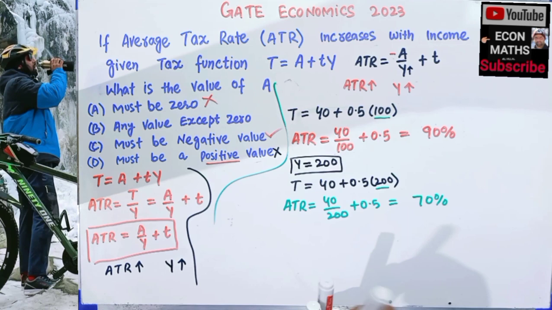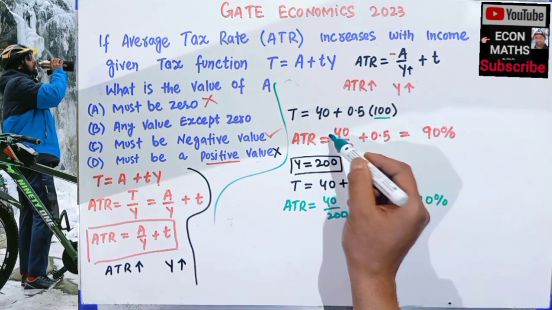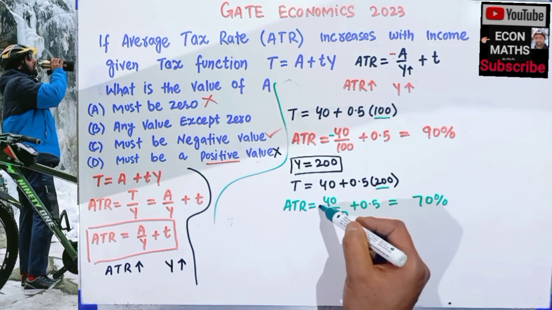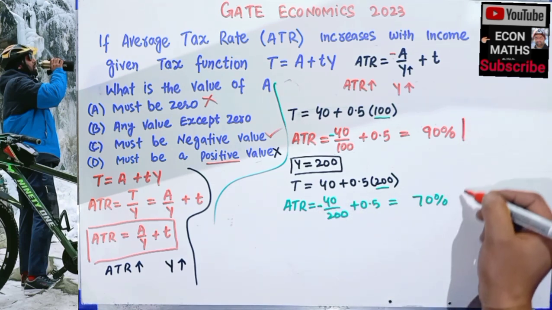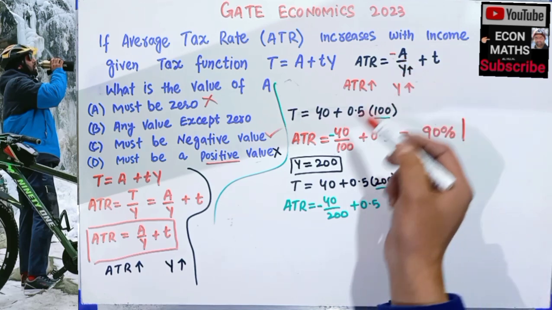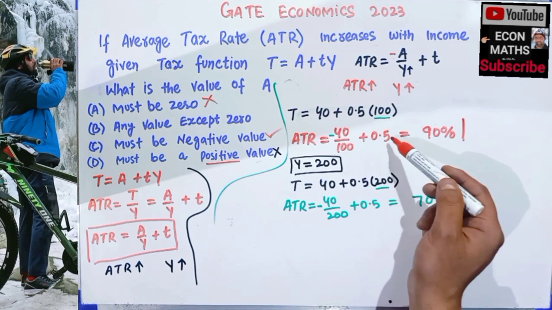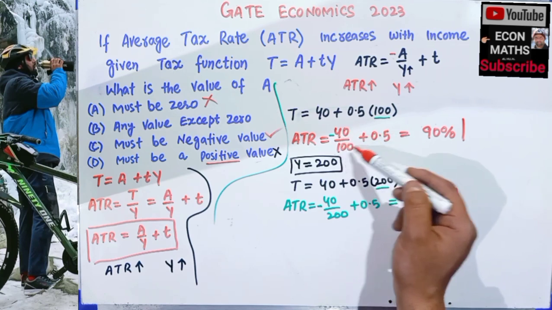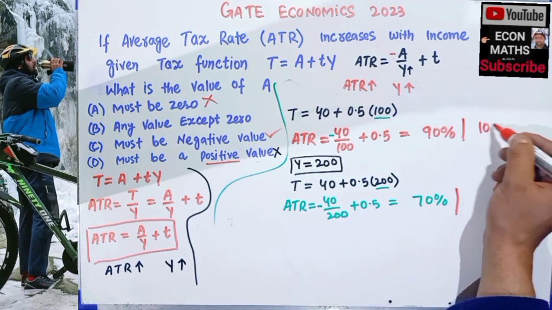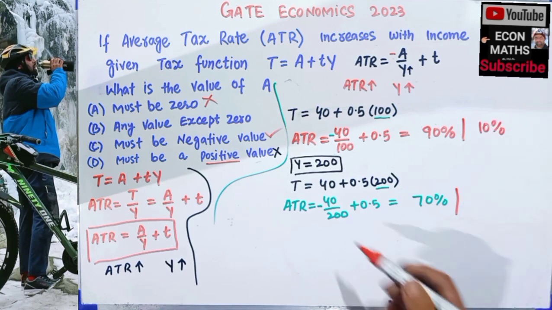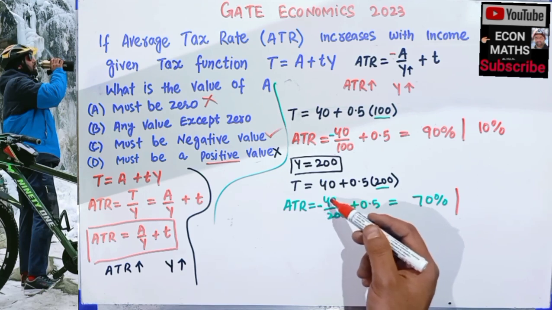But what happens if the first term is negative here? What will happen then? You can see when A is negative, so this is negative 40% plus 50%, which comes out to be 10%. Here when income increases to 200, we have negative 20% here.